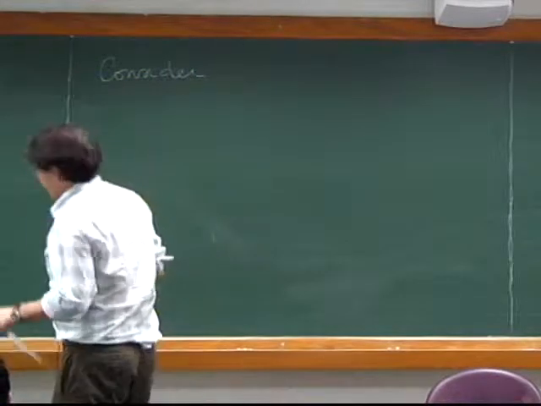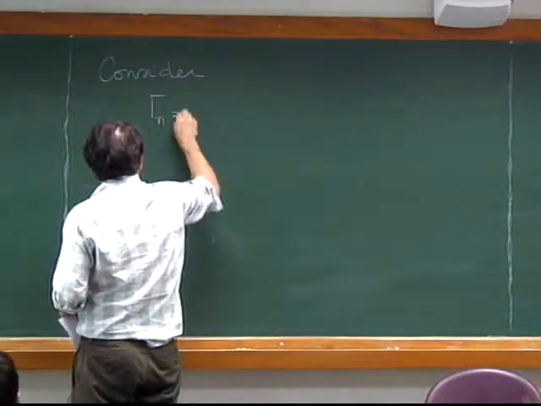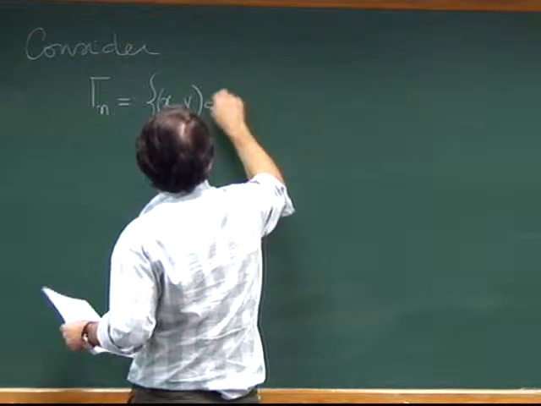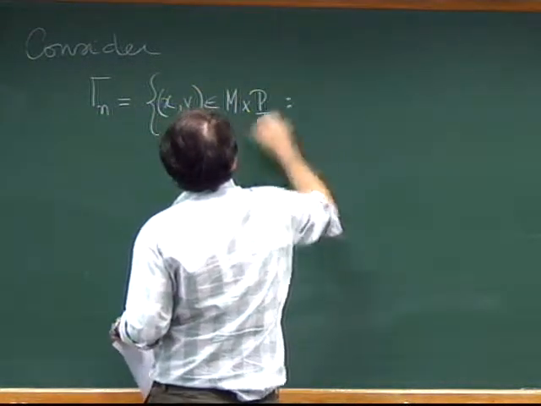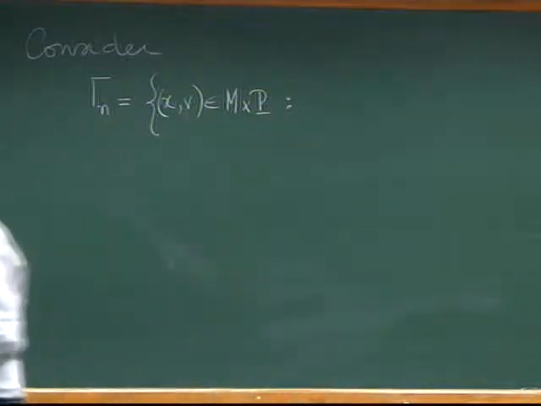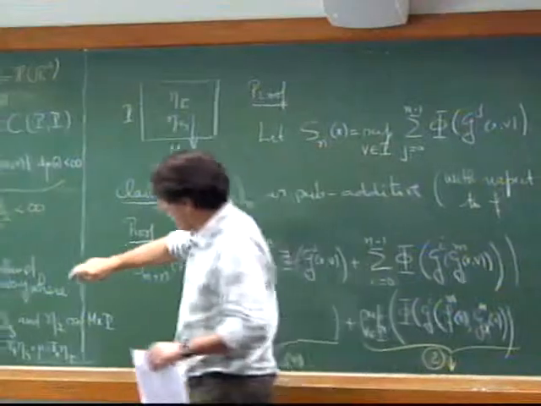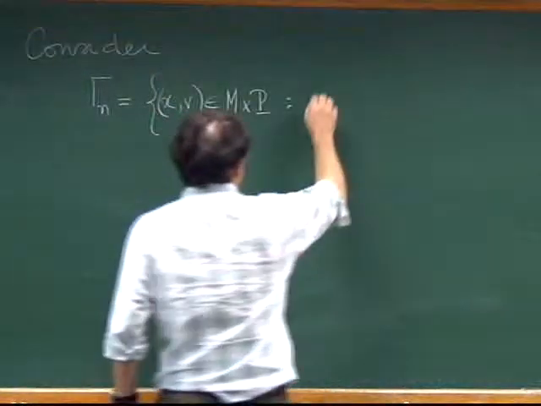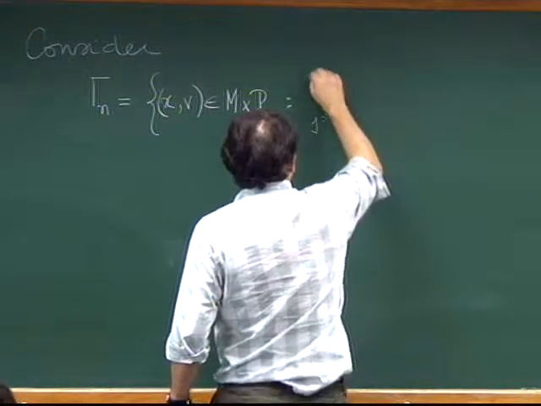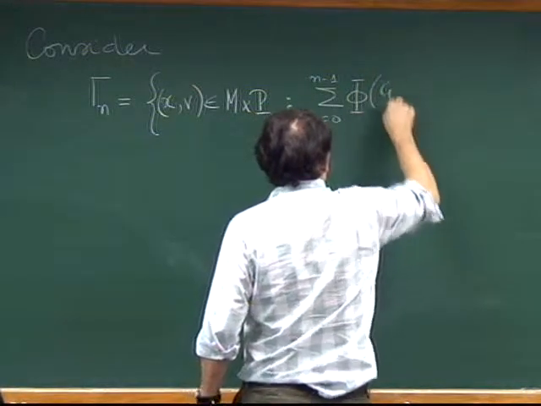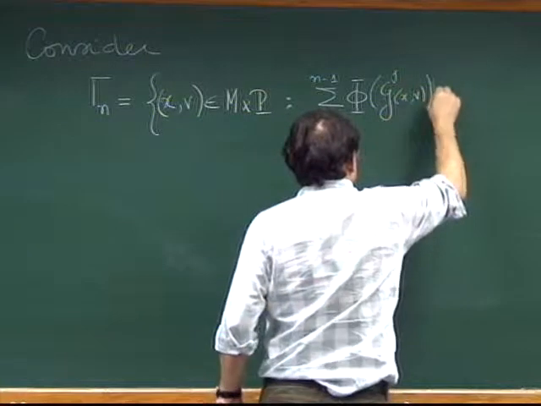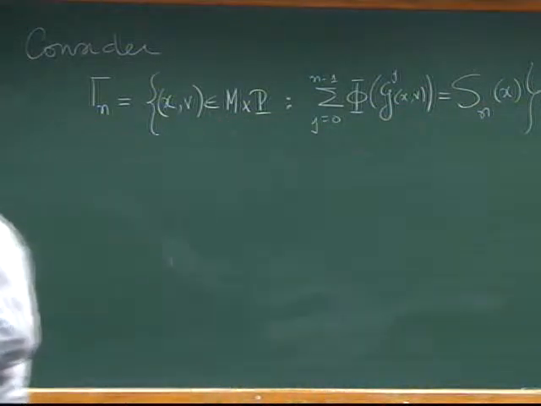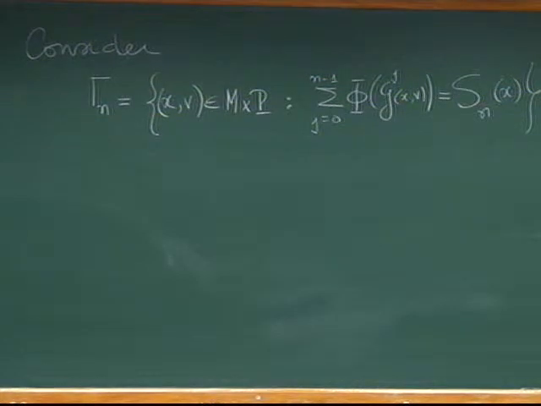To get the rest of the proof, we are going to consider sets Gamma_n, for each n, the set of points (x, v) in the product where this supremum is attained.